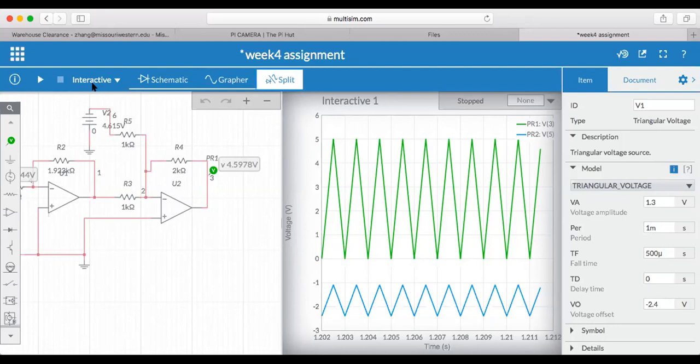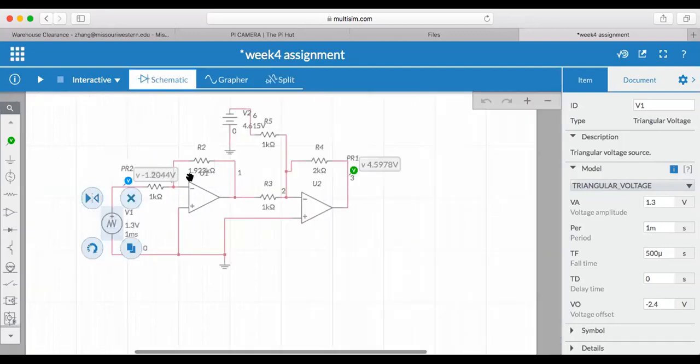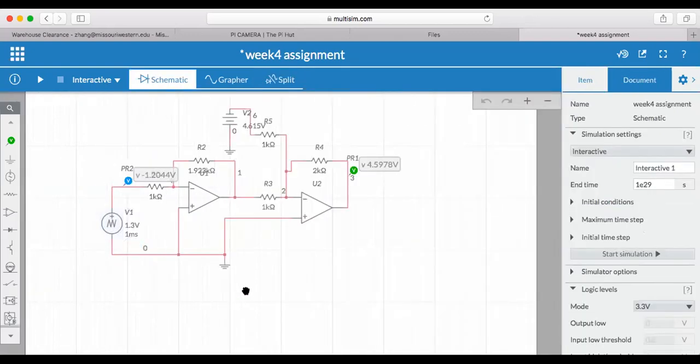And of course, you need to build a schematic, build a circuit like this. You need 2 amplifiers, couple of resistors, power supply here, a battery here. You need 2 voltage indicators, one here, one here.